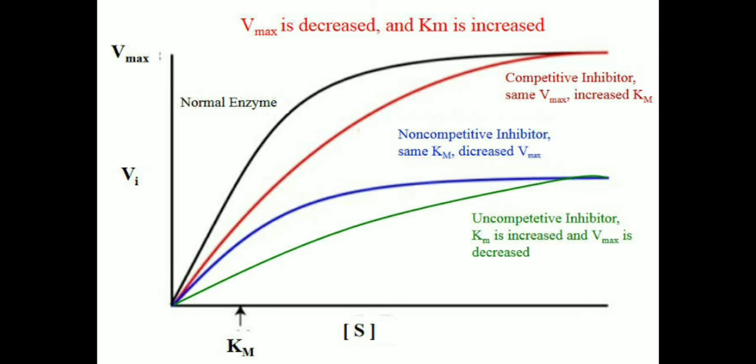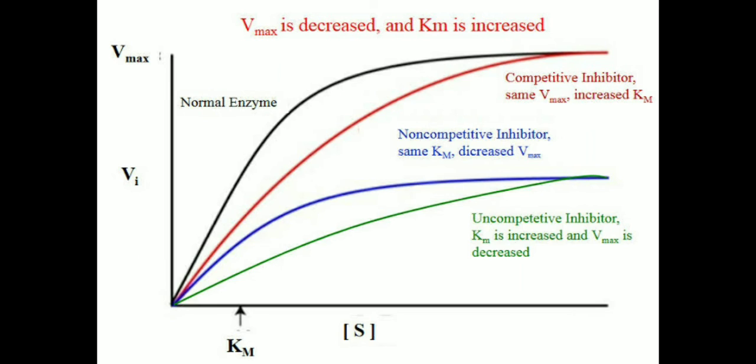You can compare the normal graph, the black one, and the competitive inhibitor, the red one. In the case of the competitive inhibitor, Km is increased. To get half of the maximum velocity, we need much more substrate concentration than in the absence of the inhibitor.